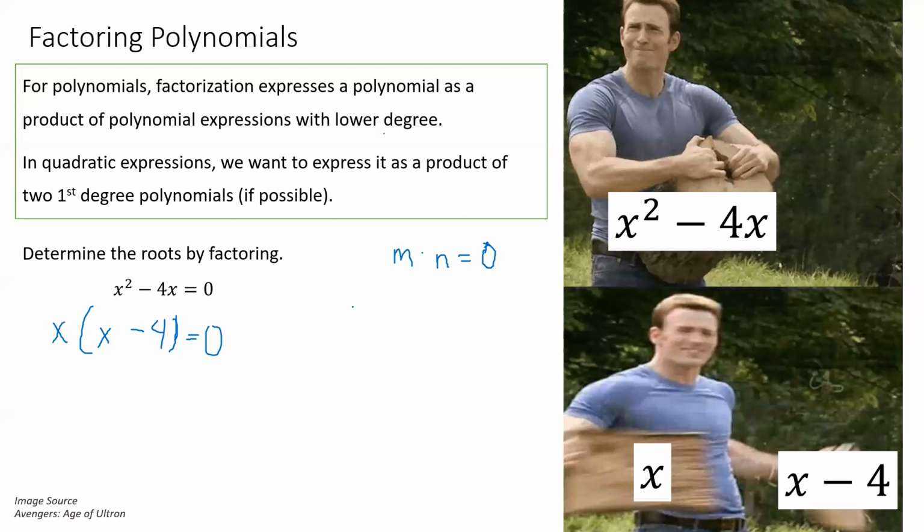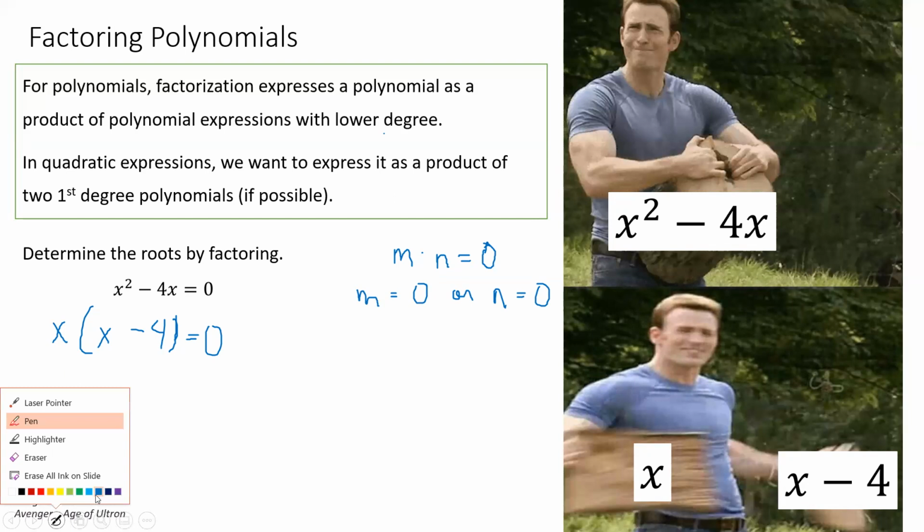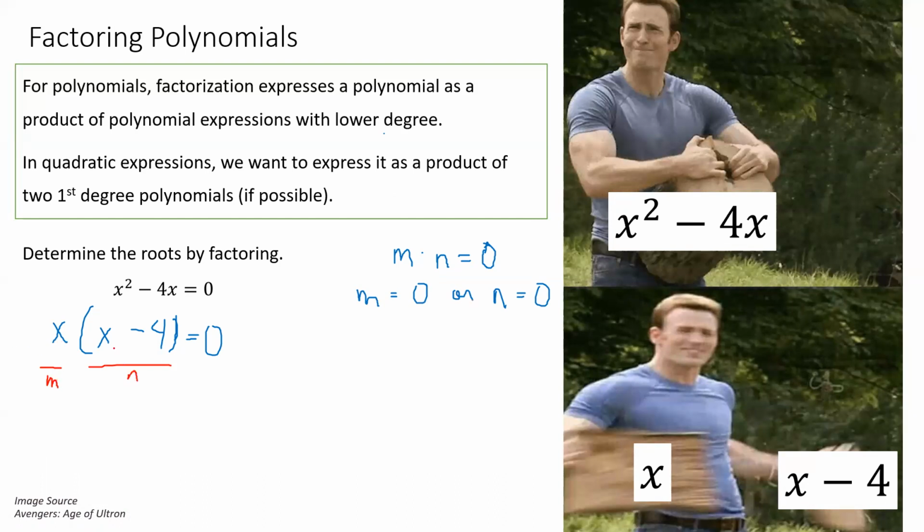So that means at least one of them is 0. That means m is equal to 0 or n is equal to 0. Same idea here: these two terms are multiplied together. Let's say x is m, and x minus 4 is n. They're multiplied together, so m is equal to 0 or n is equal to 0.